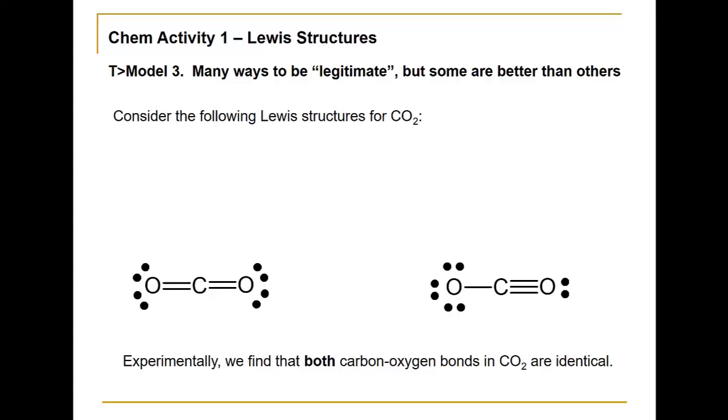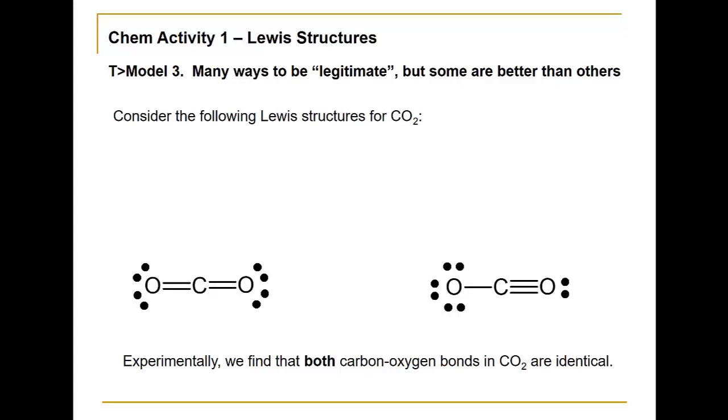Both of these structures are indeed legitimate in that both have octets around all of the atoms, and as we shall see later, they also have the correct number of valence electrons. I will foreshadow that there is something missing on the right-hand representation, but we'll come back to that in a minute. Perhaps some of you will recognize that we've drawn resonance forms of the CO2 molecule.